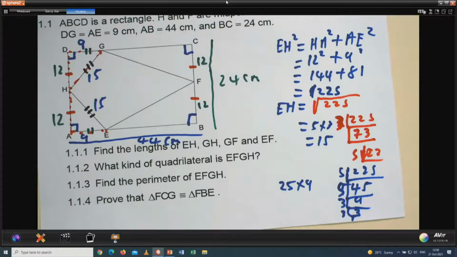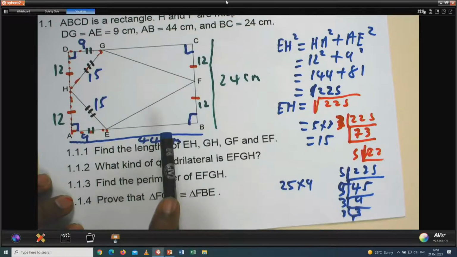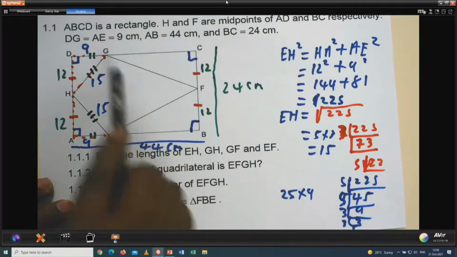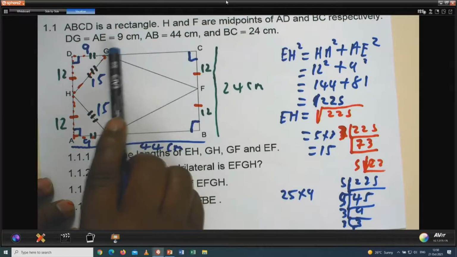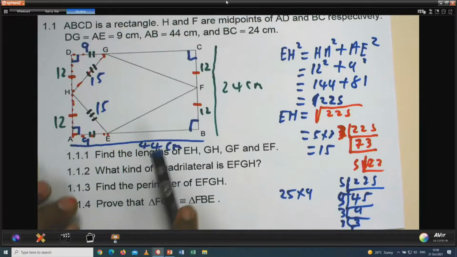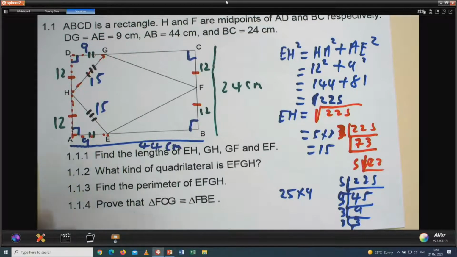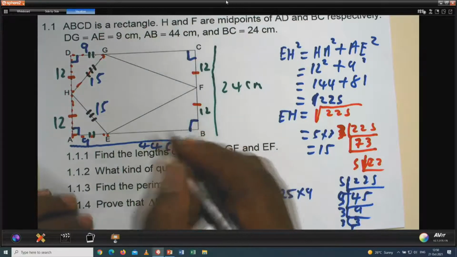Right, GF. Same thing. Remember, we're given that side is 44. So we need that side. If this is 44, 44 minus 9 is 35. Am I right? 44 minus 9 is 35.